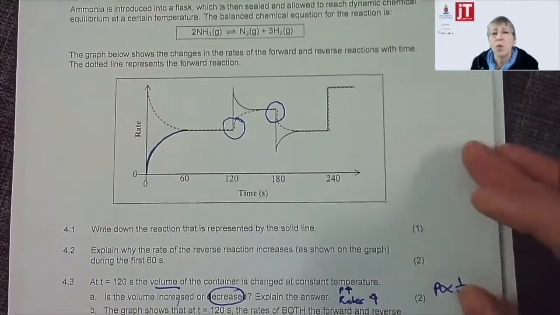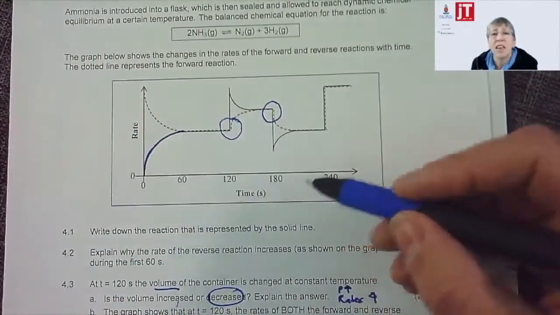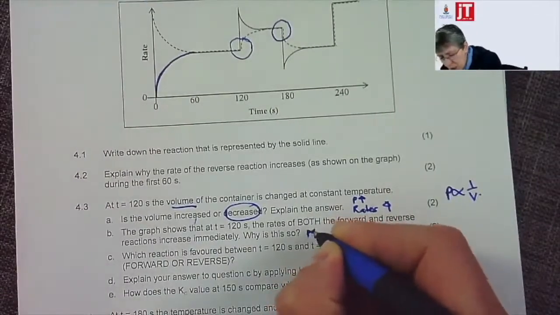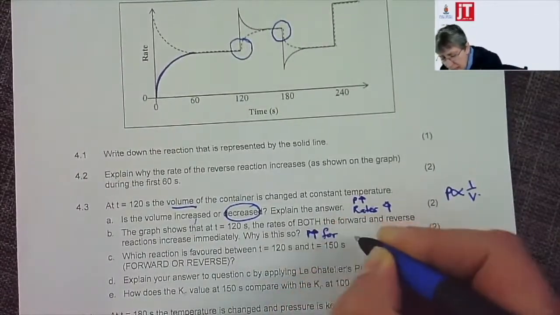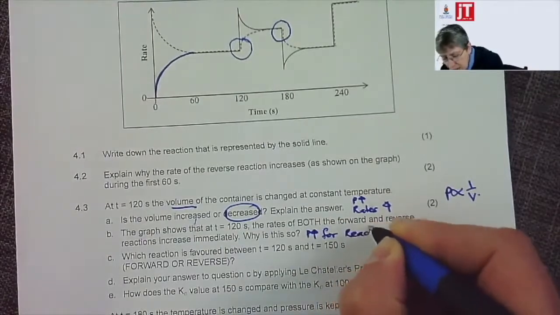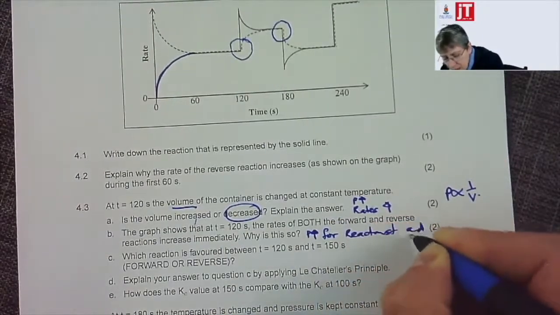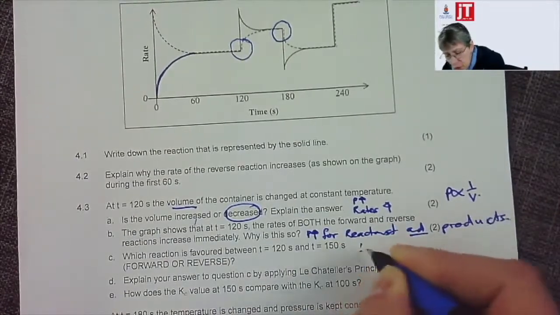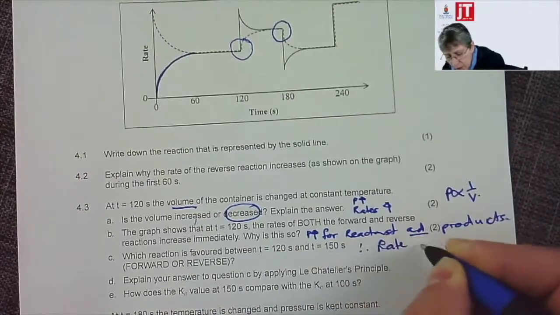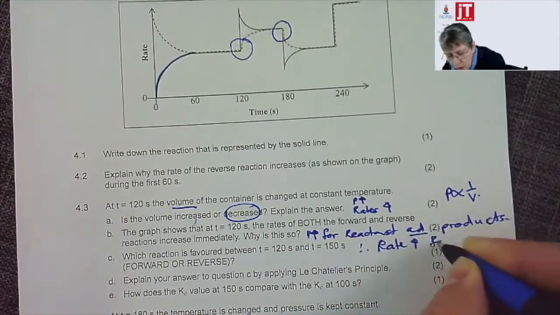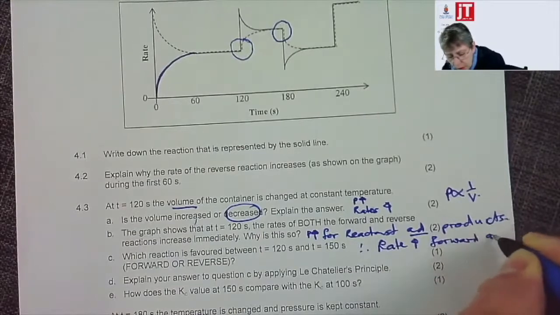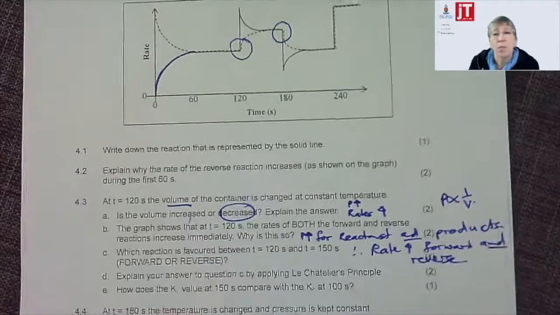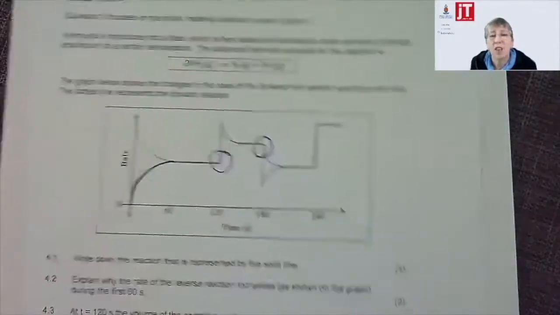So all of them are in the same container, and therefore the pressure increases for the reactants and the products, and therefore the rate increases for forward and reverse.